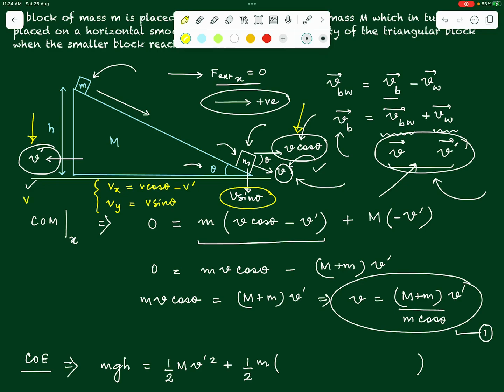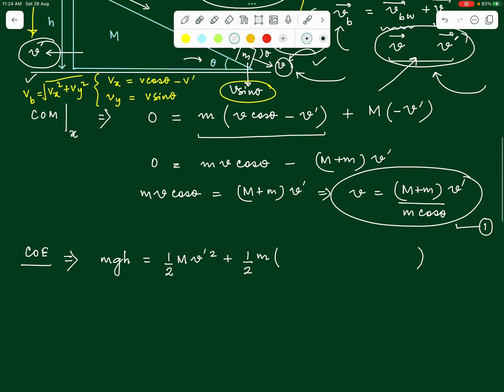Can we say the net speed v of the block will be nothing but the square root of Vx squared plus Vy squared? So, can we use this expression over here? Can we say that this will be the square root of v cos theta minus v dash whole squared plus v sin theta whole squared, and then squaring it again, because we are supposed to write the expression half mv squared over here, right.